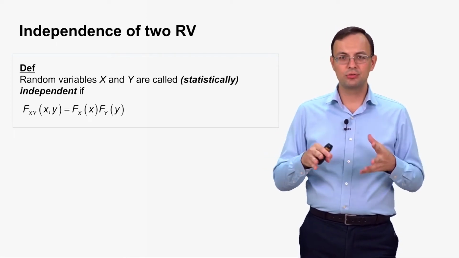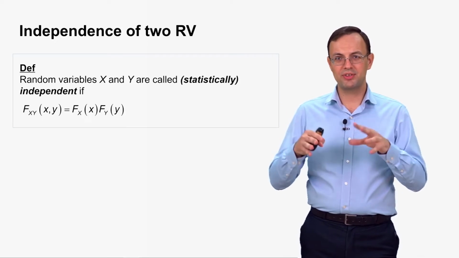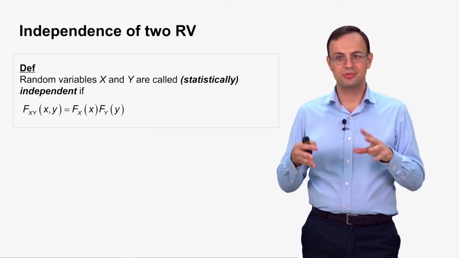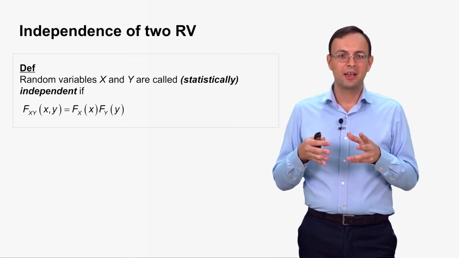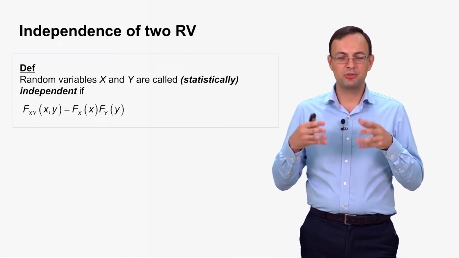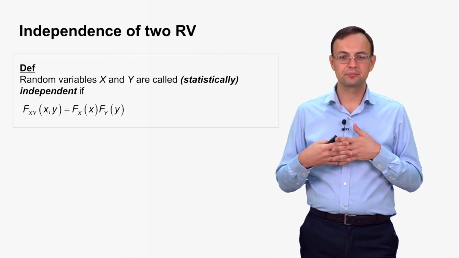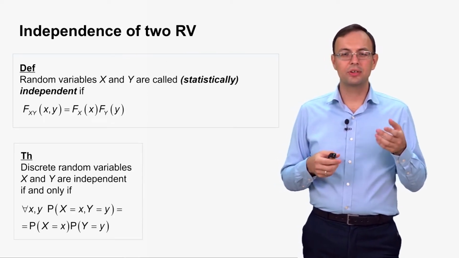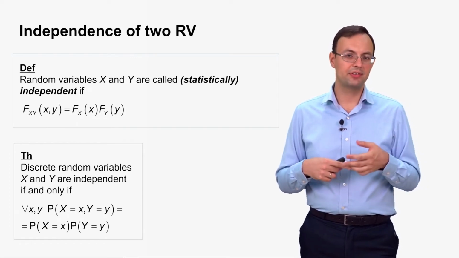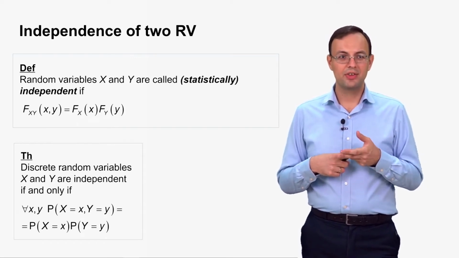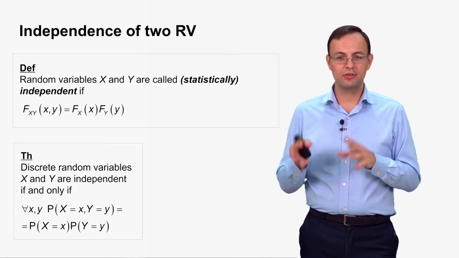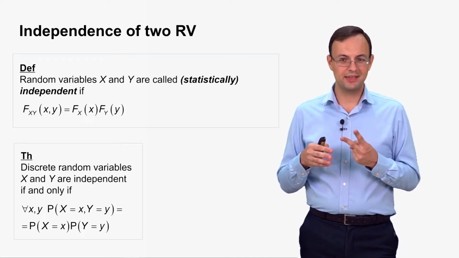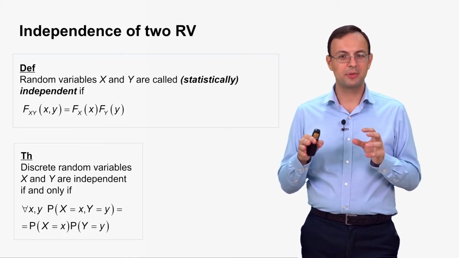So there are two consequences of this definition for discrete and continuous random variables respectively, that are much more convenient to use. So for discrete random variables, there is a theorem that they are independent if and only if the joint probability is equal to the product of marginal probabilities.